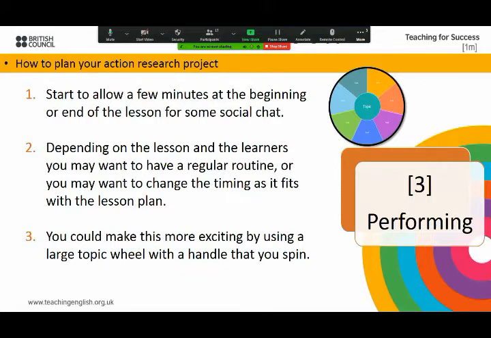And number three, you could make this more exciting by using a large topic wheel. So you can make a wheel, write down some topics on it, and ask one of them to spin the wheel to choose the topic that you will talk about. Okay?